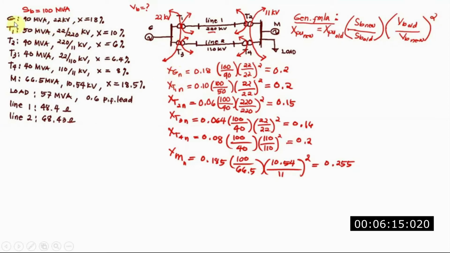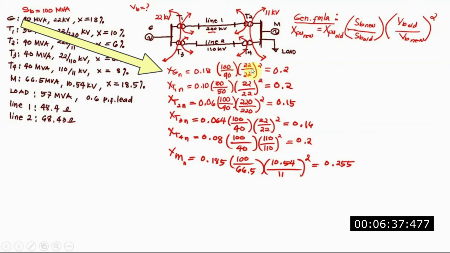For instance, for the generator, the old is 0.18, from 18%, so you just place it here. The new base we have already selected, 100 MVA for the whole system, divided by the old, which is 90, so 100 over 90.